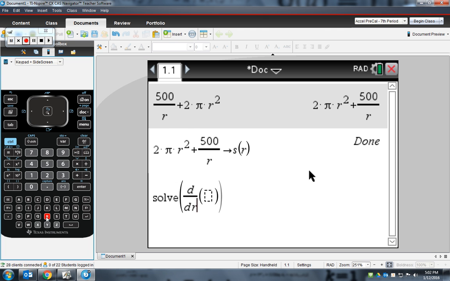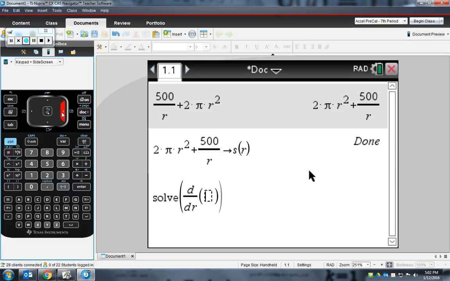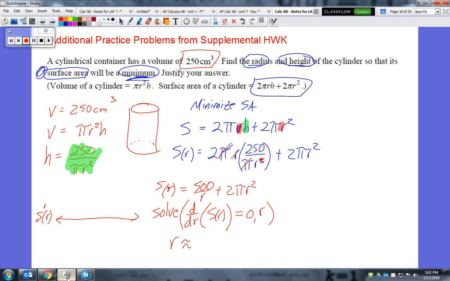My variable is r, and it's s of r. So s of r, kick out once, set it equal to 0, comma r. Then you can close and control enter if you want. And you get 3 point, let's go up and get 6 decimal places, 413920. So let's write r is approximately 3.413920.